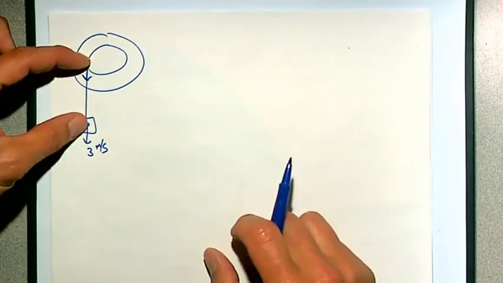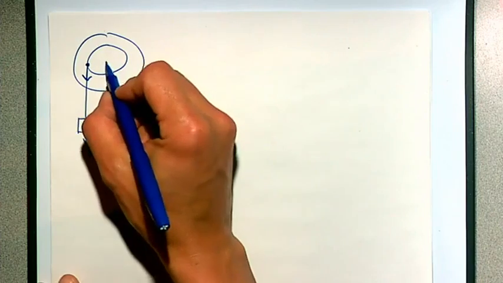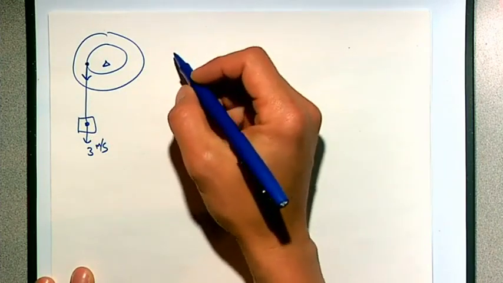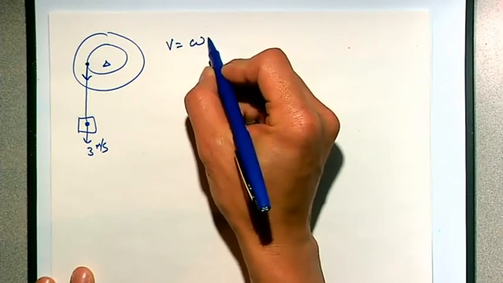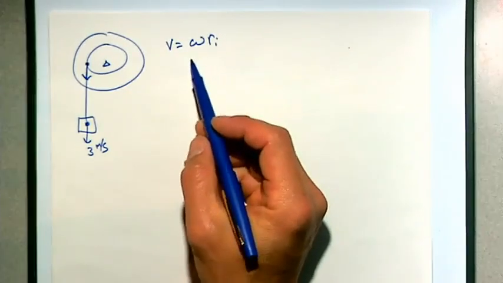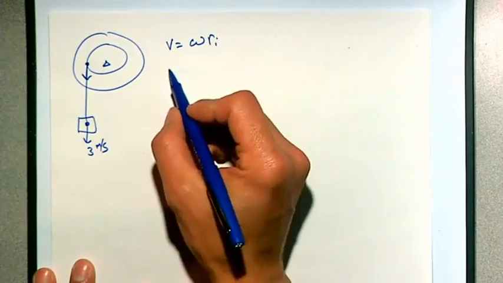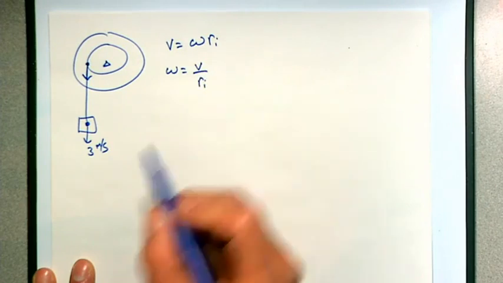These guys are moving together, right? So my velocity is related to my angular velocity. V is just going to be equal to omega times r, r being the inner radius. So we want to get rid of omega here because I know I'm given v. So omega is just v over r sub I.